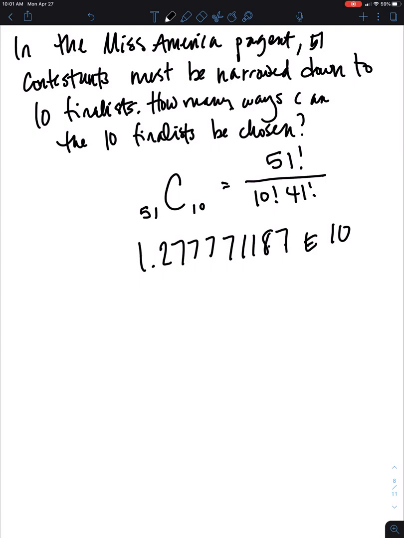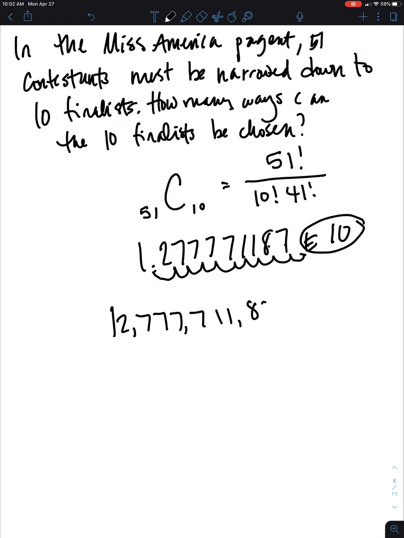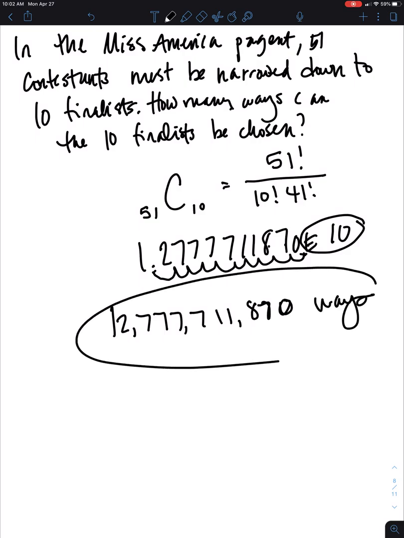This doesn't make sense. E to the 10 means I need to move this over 10 decimal places. So that's 2, 7, 7, 7, 7, 1, 1, 8, 7, 0, because there are 9 numbers here. So please make sure you know how to use scientific notation.